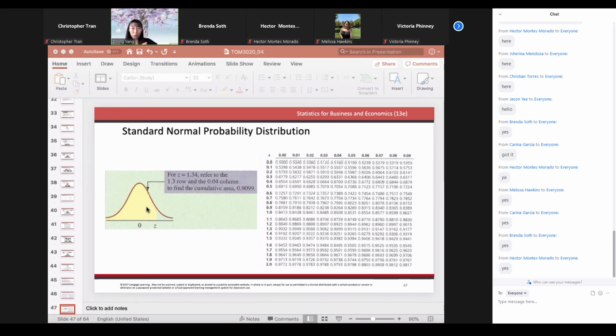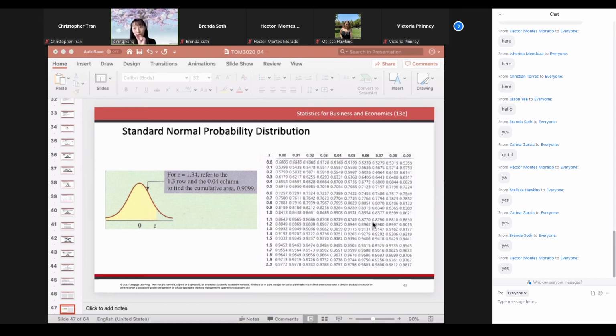Remember, the left-hand side is all the small values. The right-hand side are all the large values. So almost 91% of the data values are smaller. Only approximately 9 to 10% are higher than you. That's on the right-hand side.